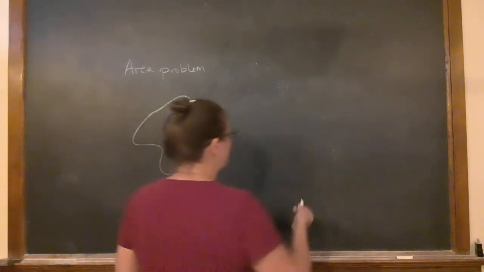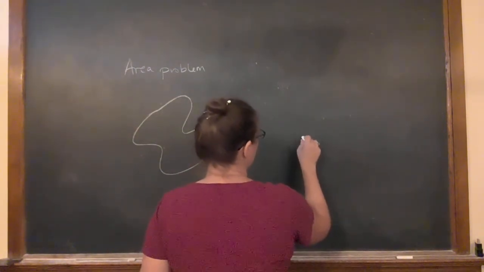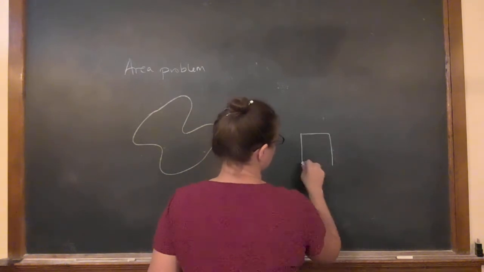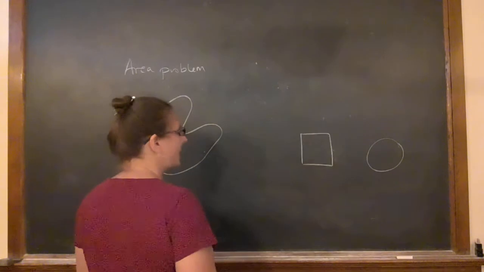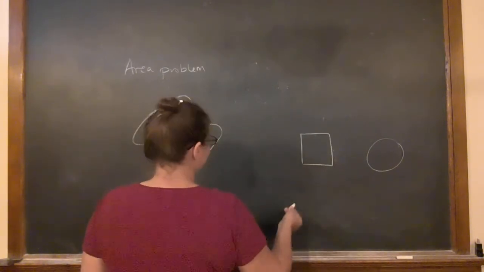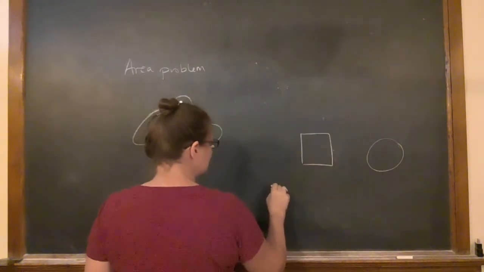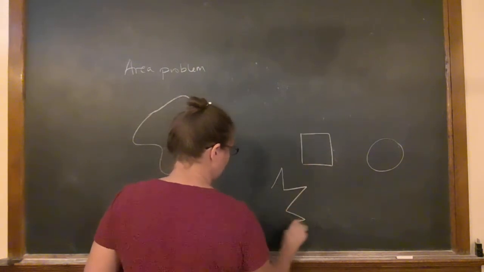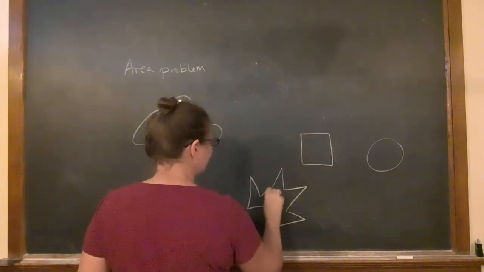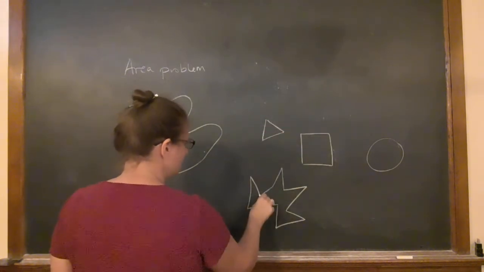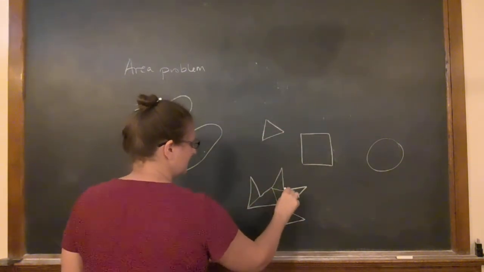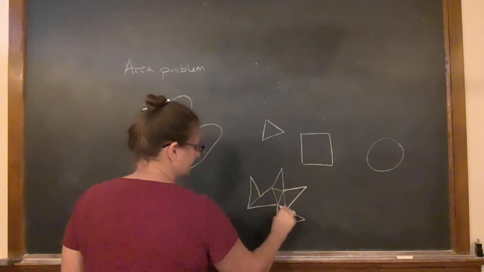So you know how to find the area of a square. Okay, we know a circle is pi r squared. We're doing area today, right? If I have something that is sort of weirdly shaped but is still a polygon, since I know how to find the area of a triangle, I can break this up into some kind of triangles.